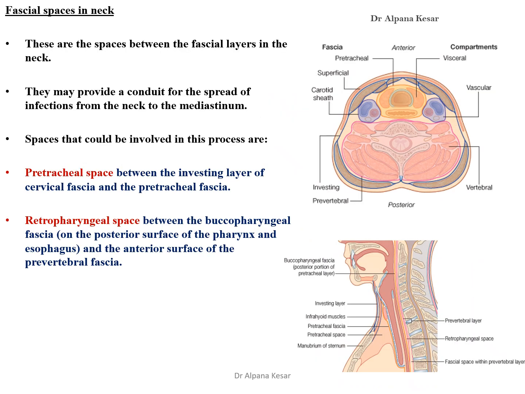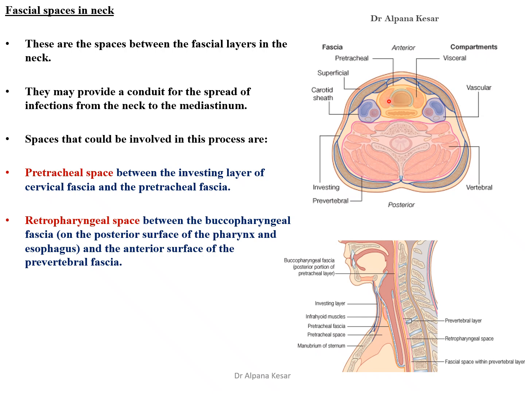Fascial spaces are the spaces which are present between the fascial layers in the neck. These spaces may provide a way or transit for the spread of infections from one part of the neck to the other and also from the neck to the mediastinum.